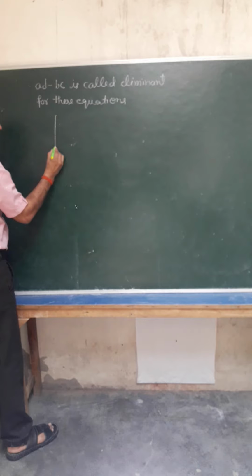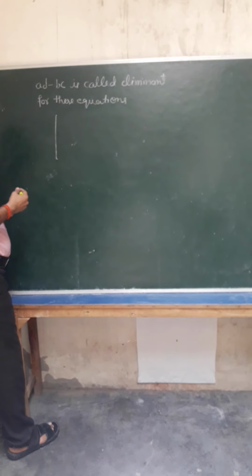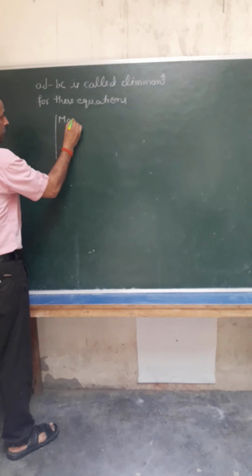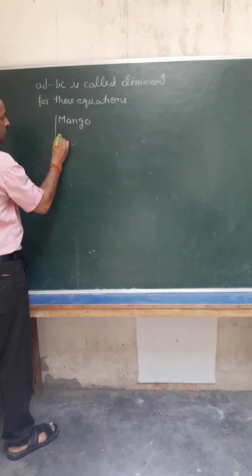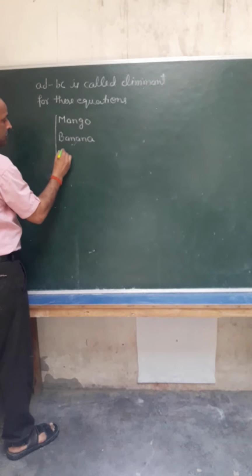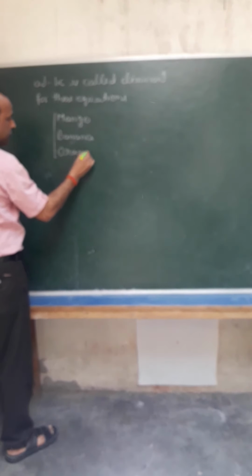Suppose there is a shopkeeper or fruit seller selling mango, banana, orange.